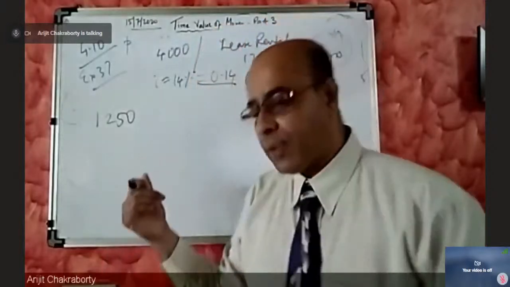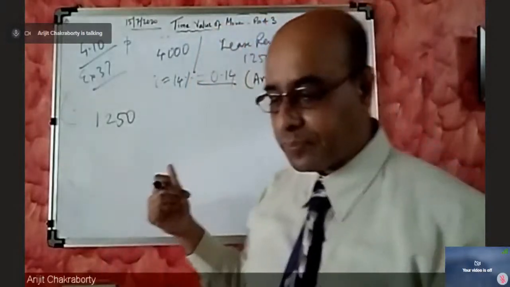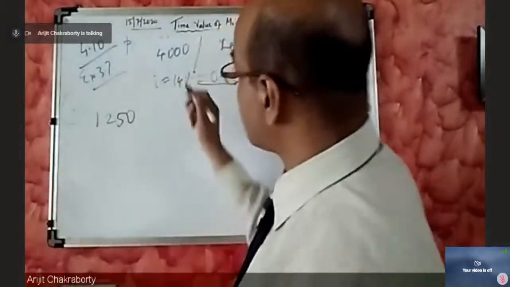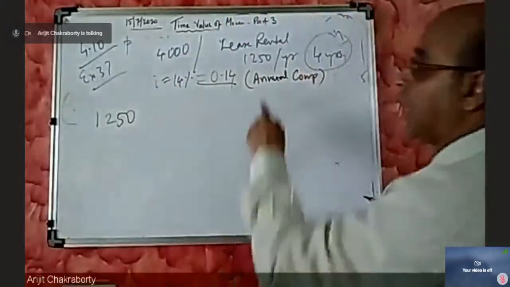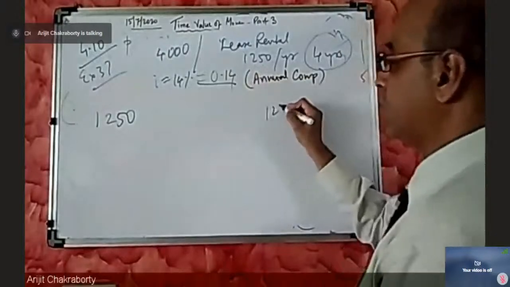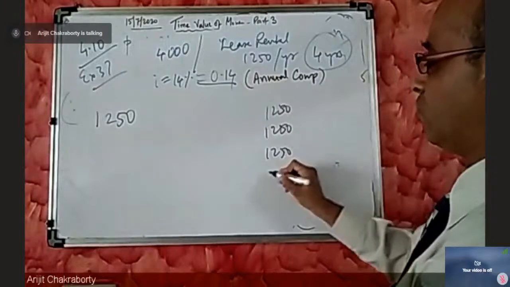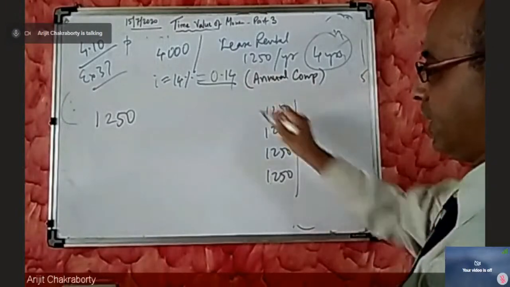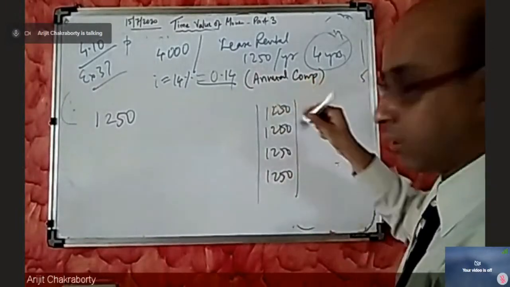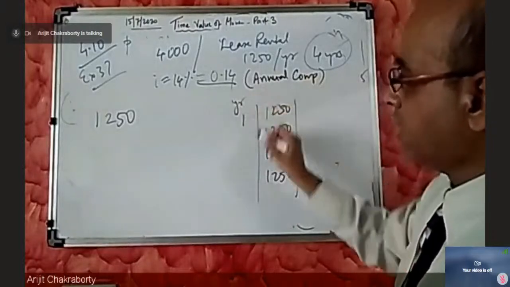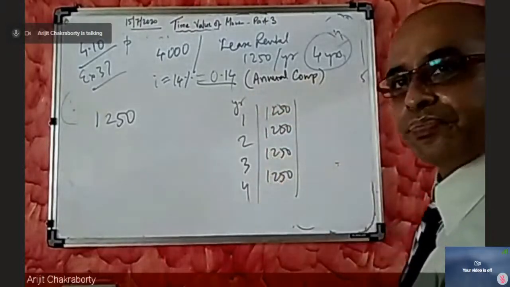Please note that the price is 4,000 and first year you are paying 1250, second year 1250, third year 1250, fourth year 1250. Okay, this is the lease rental which you are paying. Year 1, 2, 3, 4.